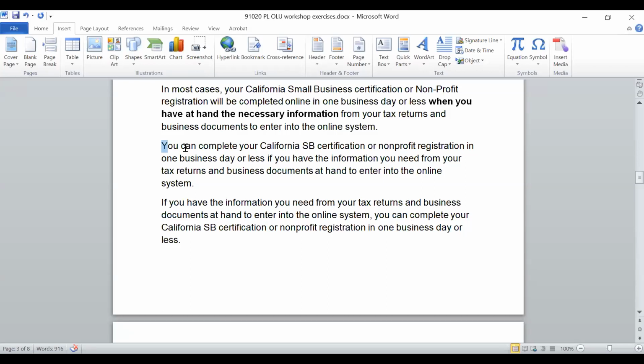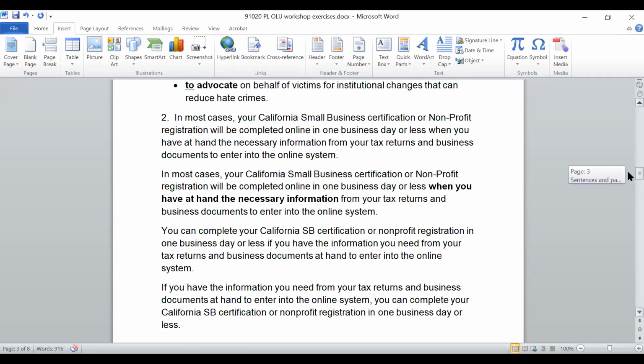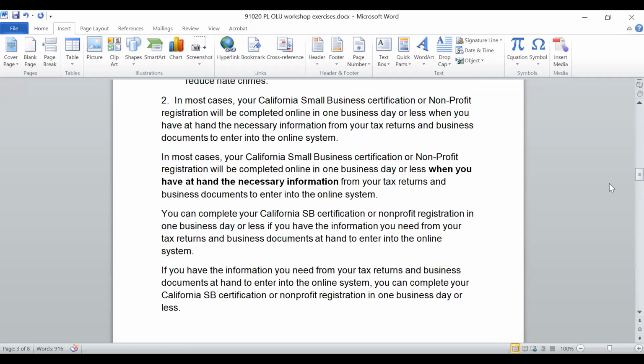This is positive. You can do this in 1 day, but it puts the requirements sort of further away. So I don't know if anyone has any feedback on positive edits. I still want to know why it takes 1 business day. Did we have any questions on either of those?